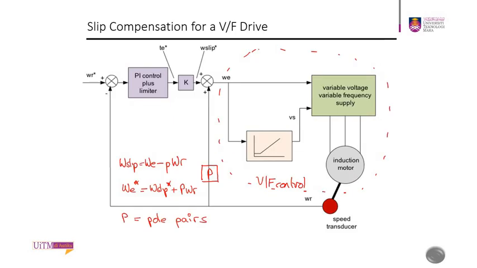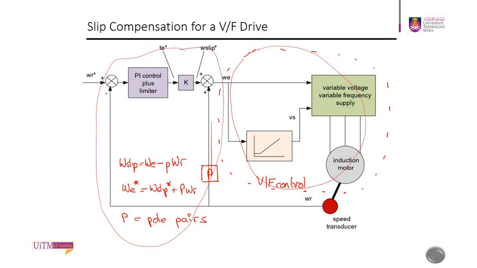Here you have a slip compensation for the V/F drive. Basically this will be the V/F open loop, and this will be the closed loop system. You have a PI controller to dictate the value of the frequency, together with a P controller to dictate the value of the frequency and the voltage. And here you have your sensor to detect the speed for the correction.